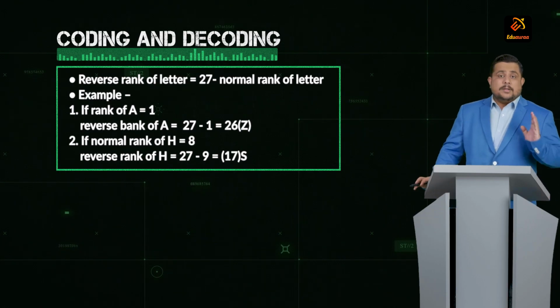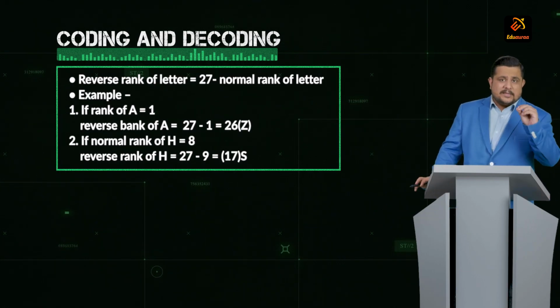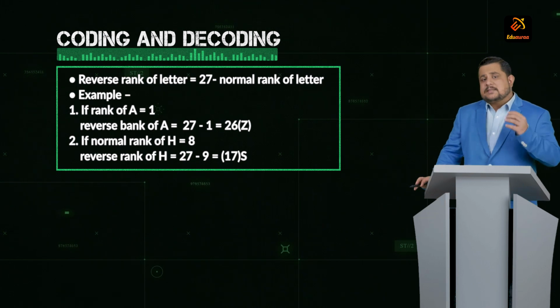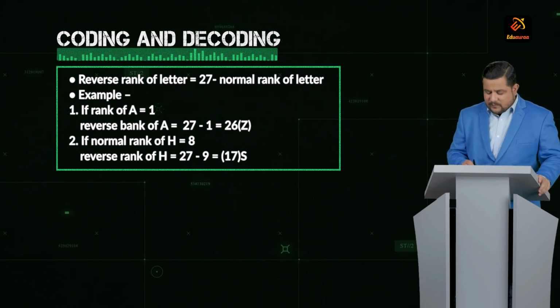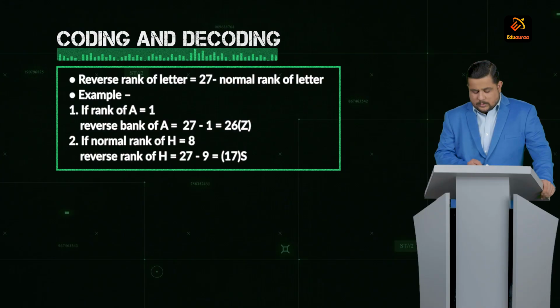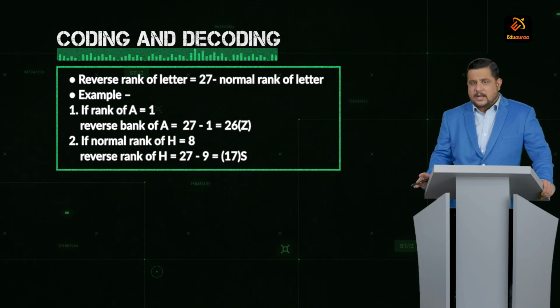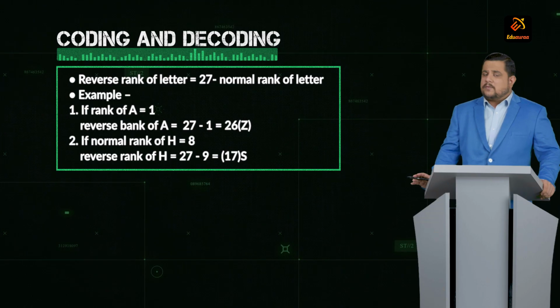Now, during the solution, we just have to think about what is given to us, because some reference will be given to us, and on the basis of that, we have to solve the question. Some word is given with a code, and they are asking the code of another word. So what do we have to do?